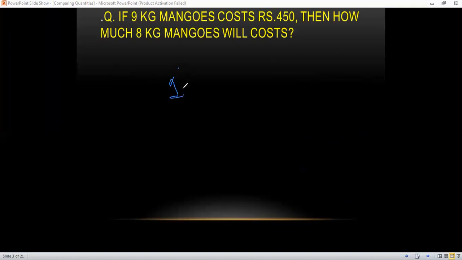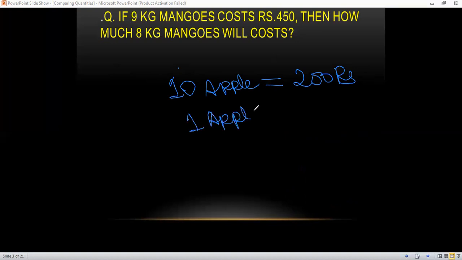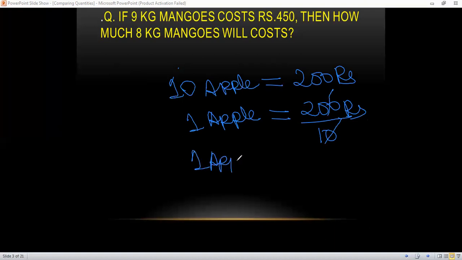Suppose the cost of 10 apples is equal to 200 rupees. Now what will we do? First we will find the cost of one apple. I will take 10 in the denominator of 200.